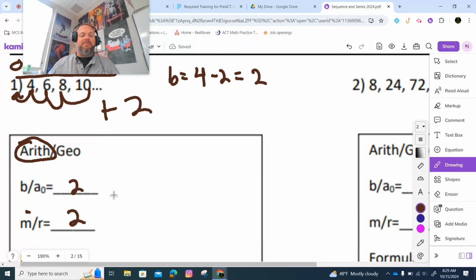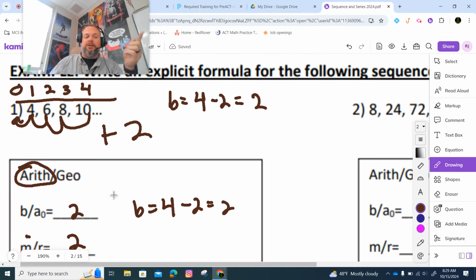I got that because I just went backwards. If this is our first term, when x equals 1, we have to go backwards to find when x equals 0. So all I did was subtract.